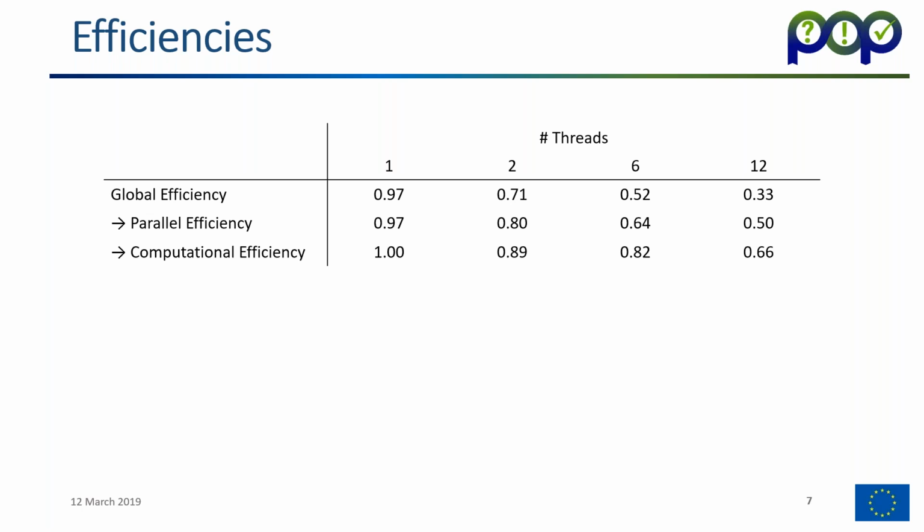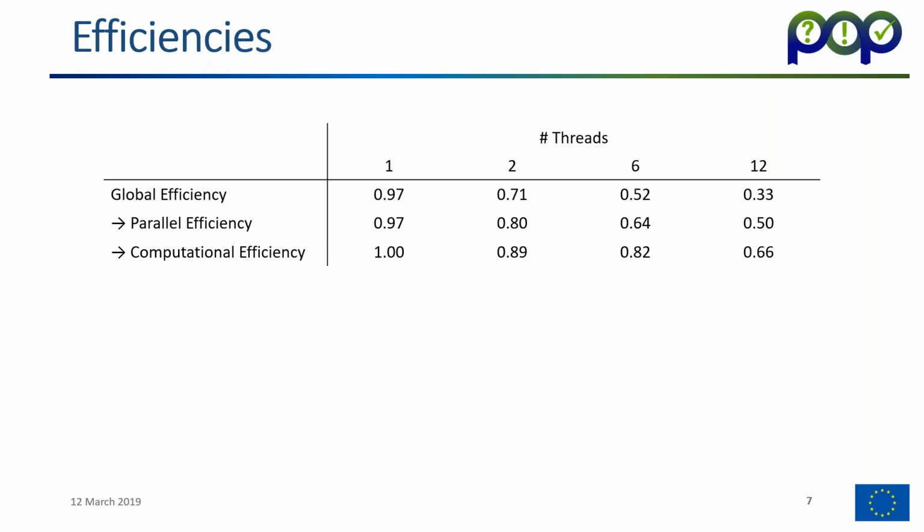There's also something interesting about computational efficiency, which is that whereas parallel efficiency declines almost linearly, computational efficiency has a sudden drop on 12 threads. So between 1 and 6 threads, it declines, but it's still above 80%, above 0.8 on 6 threads.